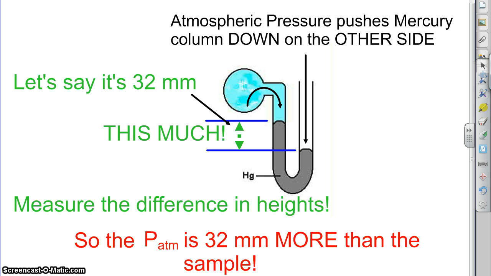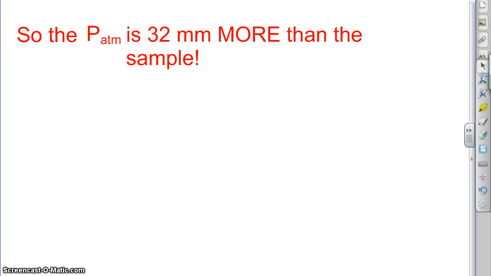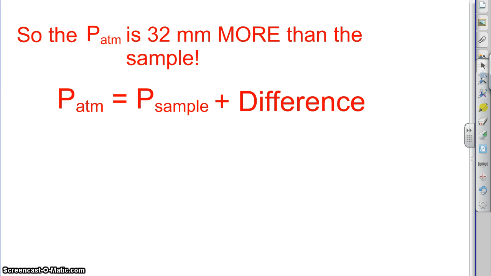That's what we know, but we don't know what the sample is. However, we could use this information if we knew the atmospheric pressure that day. Say if we owned a barometer, we could figure this out, couldn't we? So here's what we know. We know the atmospheric pressure is 32 millimeters more than the sample. And so the atmospheric pressure is the sample plus the difference.